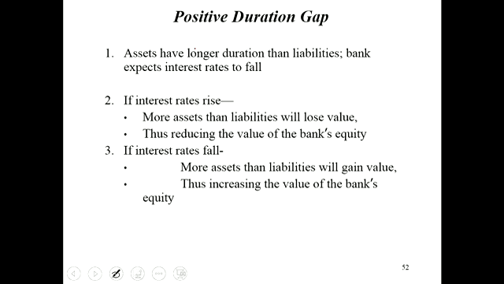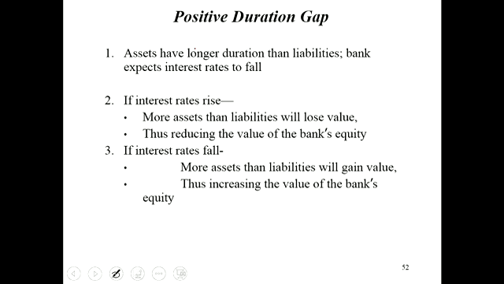As the interest rates go up, the value of the assets comes down. Now, because they tend to have long-term assets and short-term liabilities, the liabilities also will come down in value, but they can come down at a slower rate. And so this is your liabilities here.